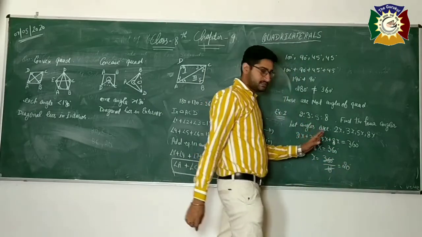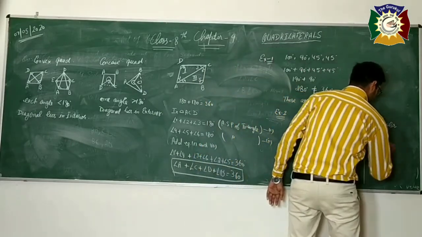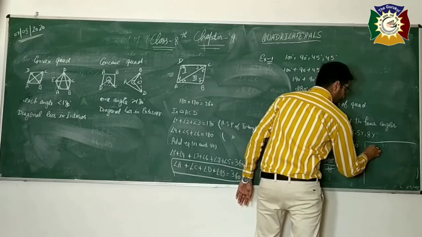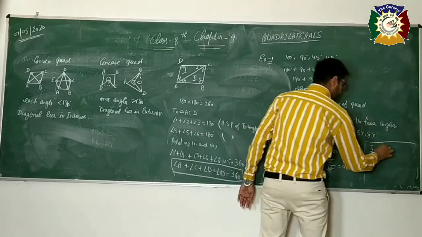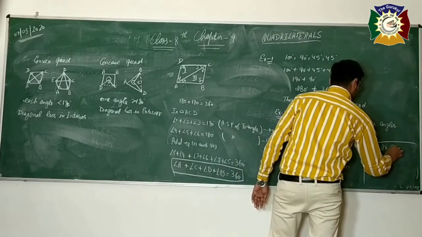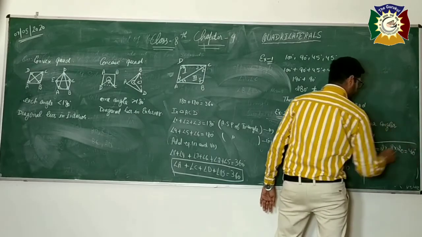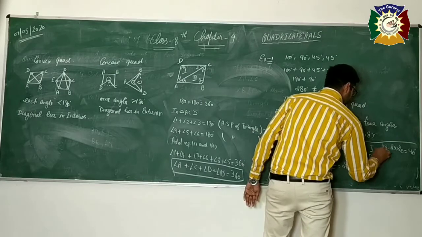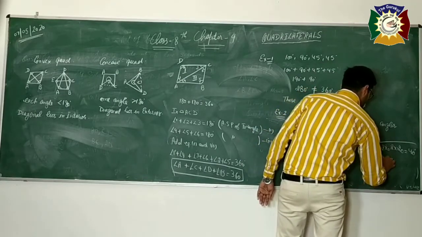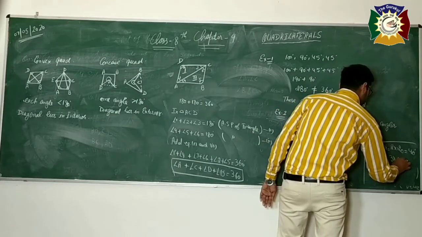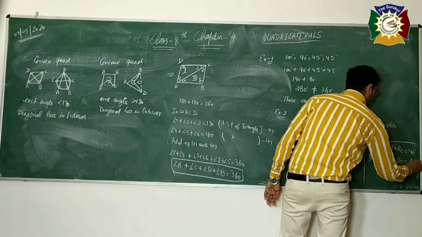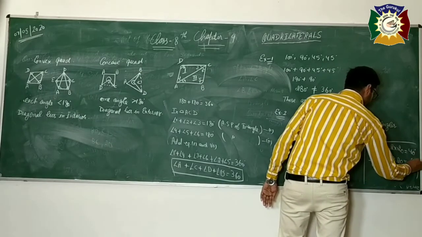Now, the value of x is equal to 20 degree, and we have to find all the 4 angles. Here you can see the first angle is equal to 2x, that will be 2 into 20, that is 40 degree. Second, that is 3x, that will be 3 into 20, 60 degree.